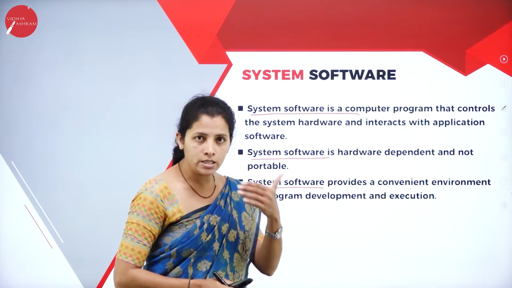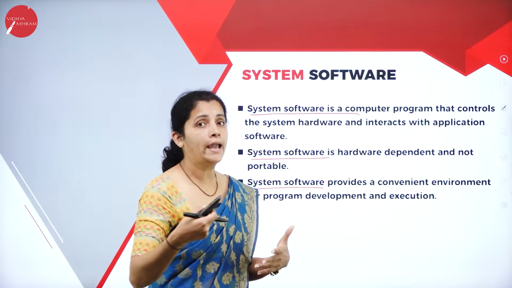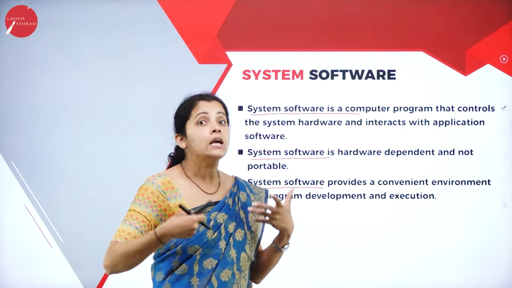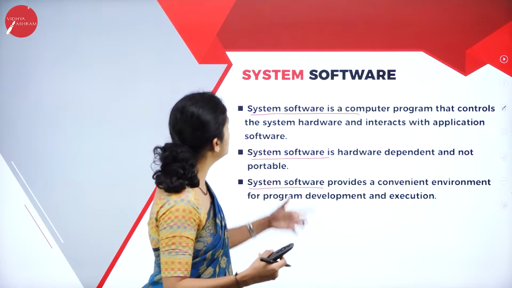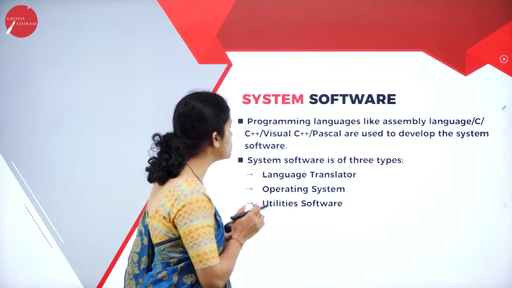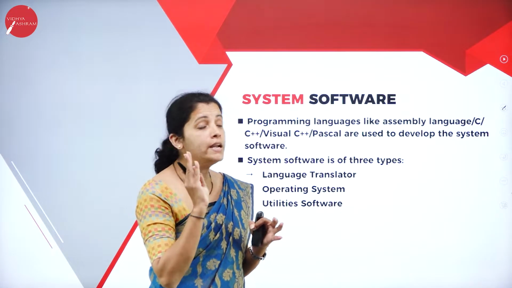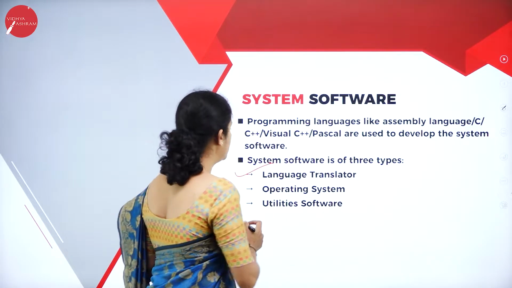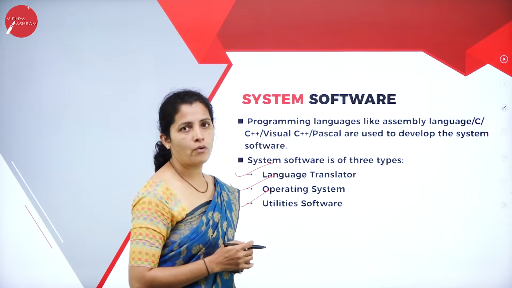Now, if I want to execute a program, then I must have a convenient environment. Then who is responsible for providing the convenient environment to run the program? That is nothing but the system software. So here system software is further categorized into three different types: language translator, operating system and utility software.